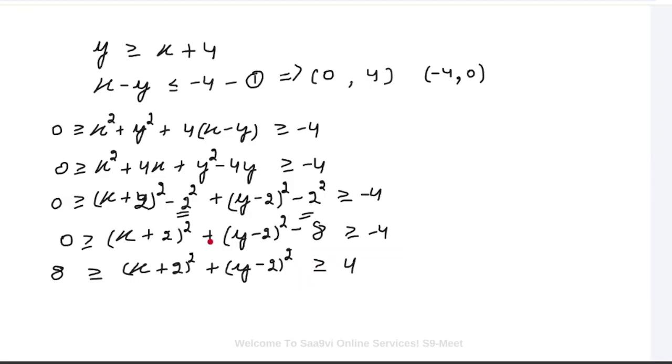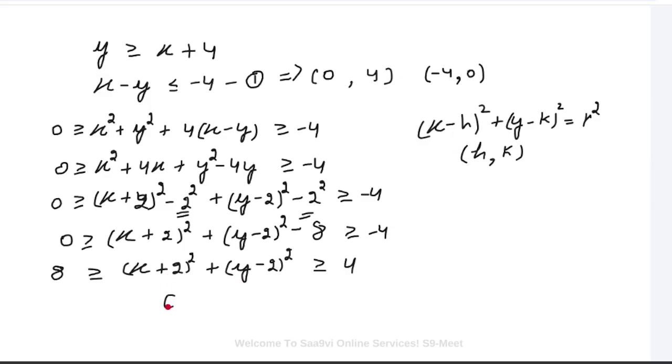Now, as per the equation of a circle, as we said, x minus h whole square plus y minus k whole square is equal to radius square, where h and k are the center. So from here we can say minus 2 and plus 2.